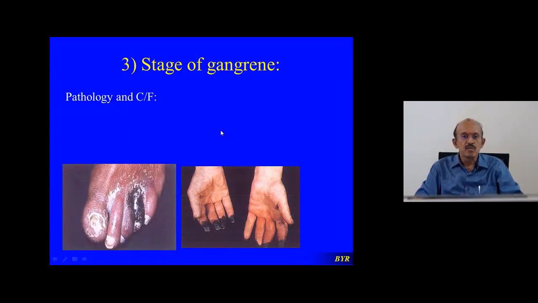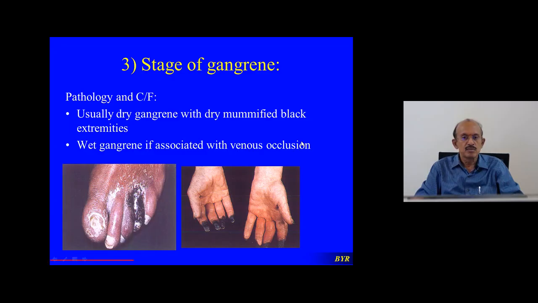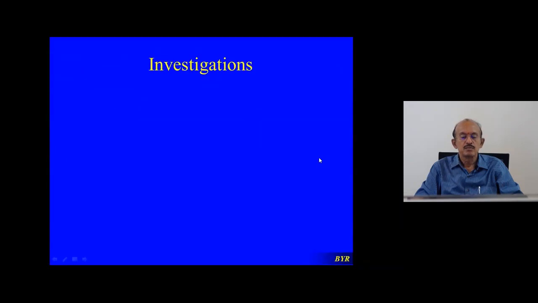Stage of gangrene, usually dry gangrene with dry mummified black extremities. Wet gangrene if there is associated venous occlusion. You can see the examples of dry gangrene. So this is about chronic vascular occlusion.